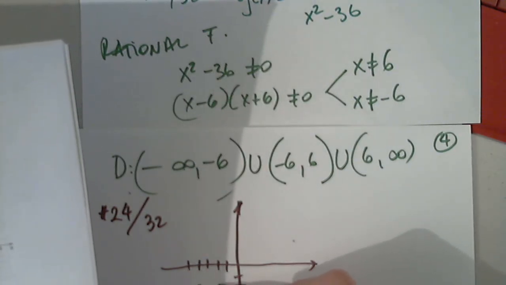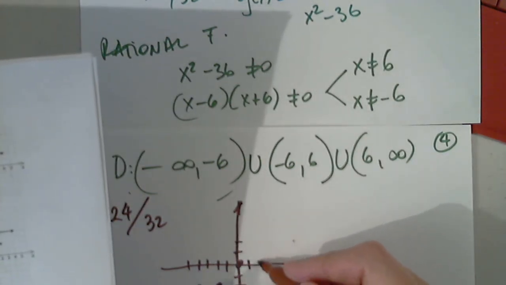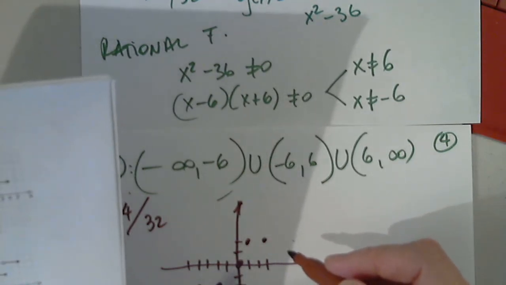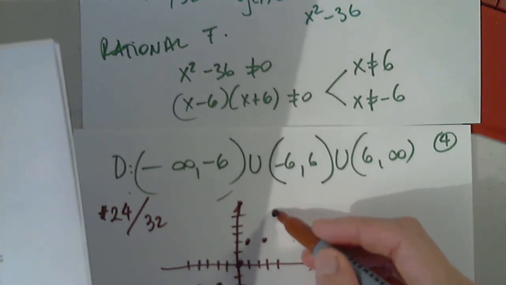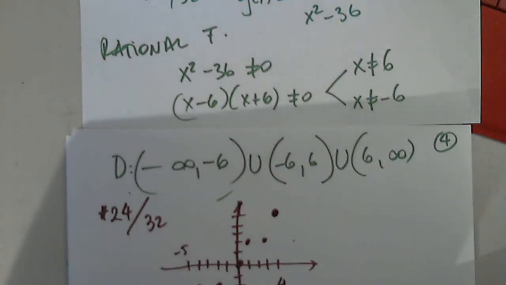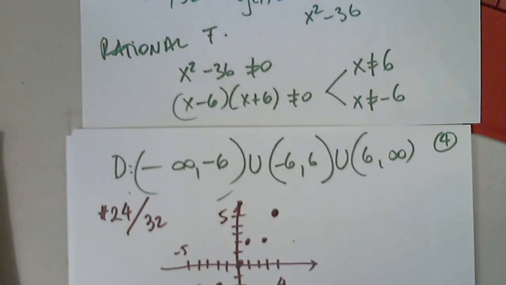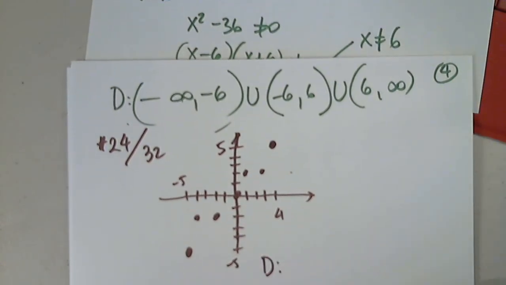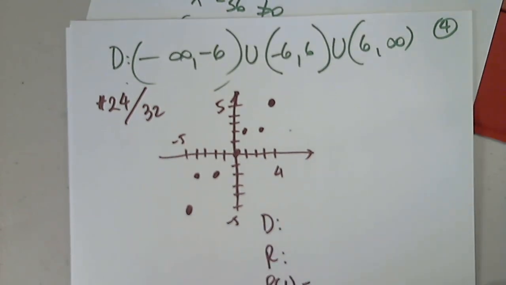Here's another. One more here. Two here. And one more here. So of course, negative 5 to 4 and negative 5 to 5. Can anyone identify the domain of this function for us? And then the range. And then we're asked to find f of 1. And then we're asked to find x such that f of x is 2.